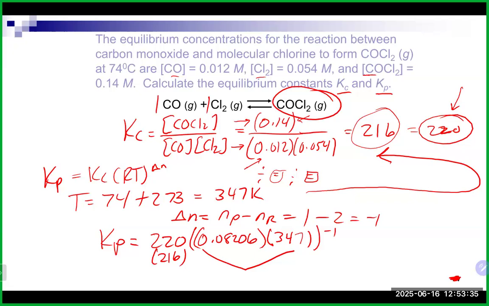So maybe 0.08206 times 347. Take the inverse of it, either go 1 divided by your answer or take it to the -1 power. And that'll get you something like 0.0351187. And if you times it by the 220 number, you get a 7.7.